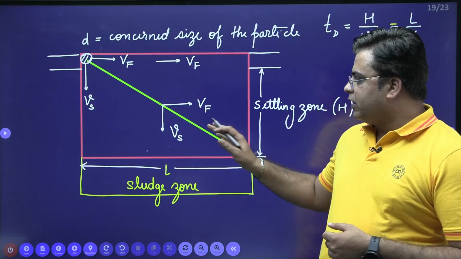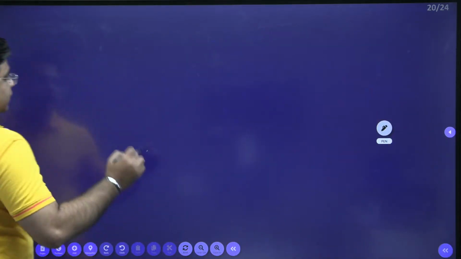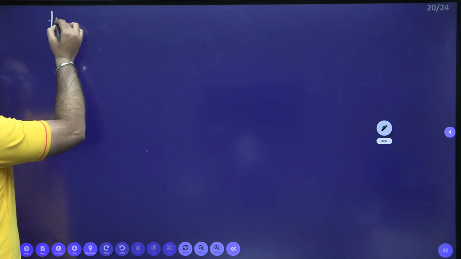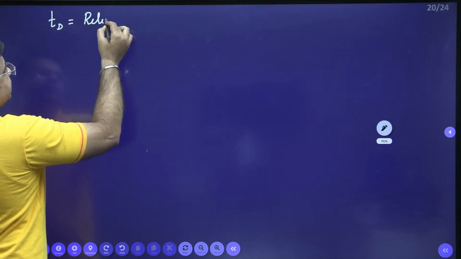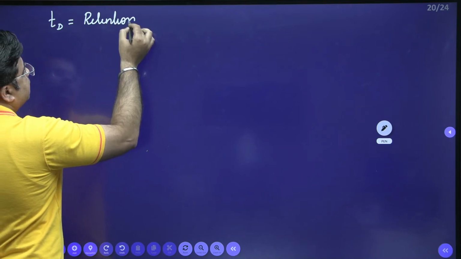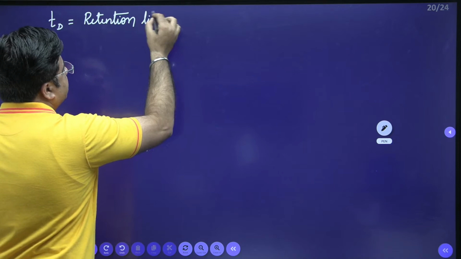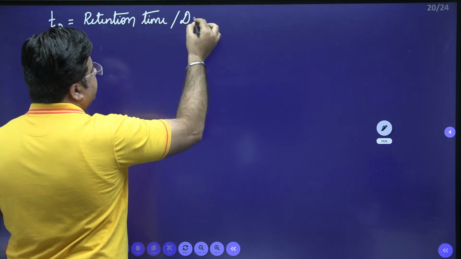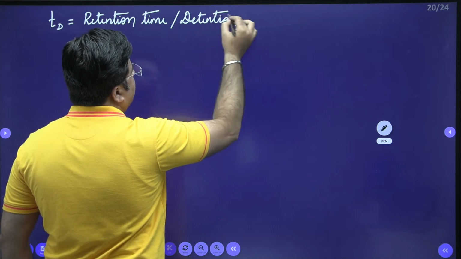Now with respect to this, I would like to define a few terms. First one is Td. Td is known as retention time or detention time.